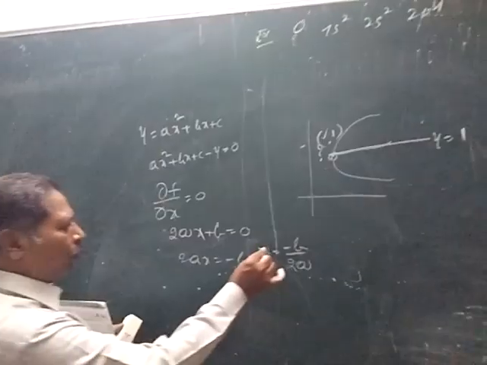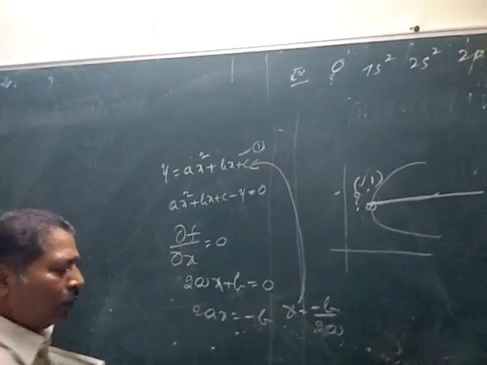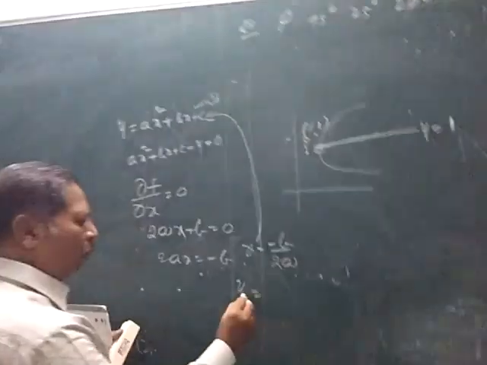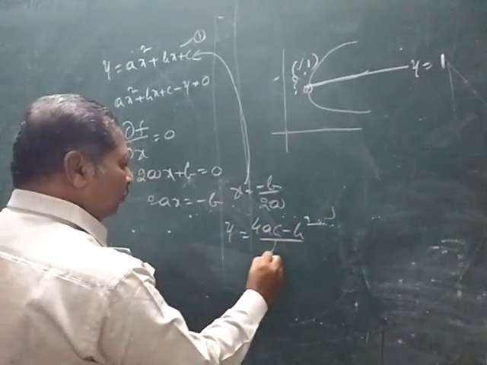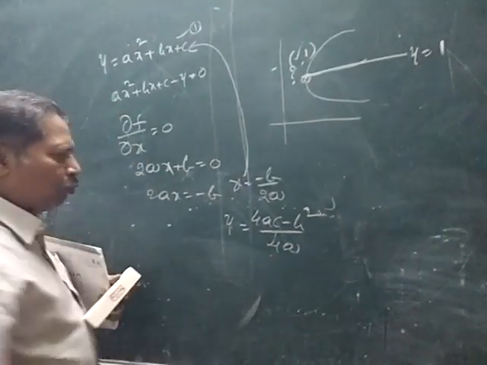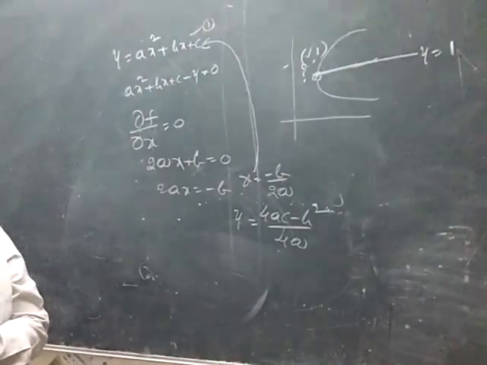Substitute the x value in equation number 1. We get the y value as 4ac minus b square by 4a.